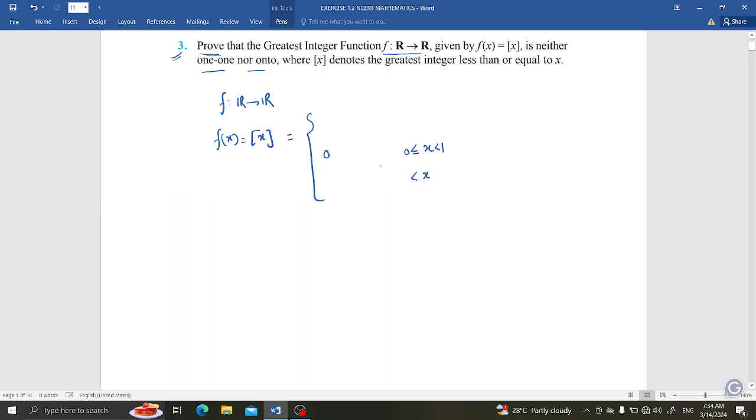If x is between 1 and 2, it will provide the value 1. If x is between 2 and 3, it will provide the value 2. And if x is between -1 and 0, it will provide the value -1, and so on.